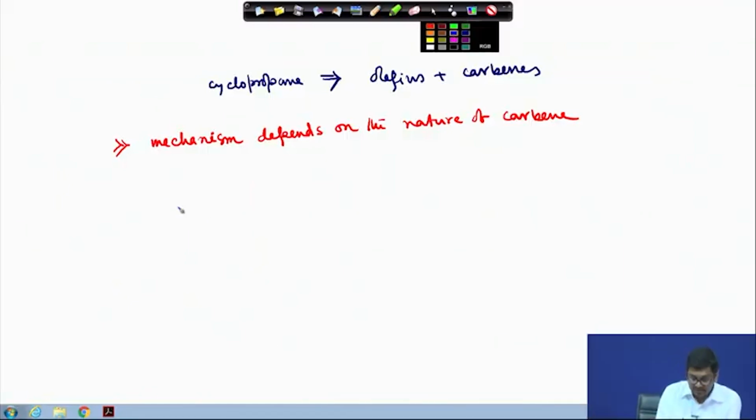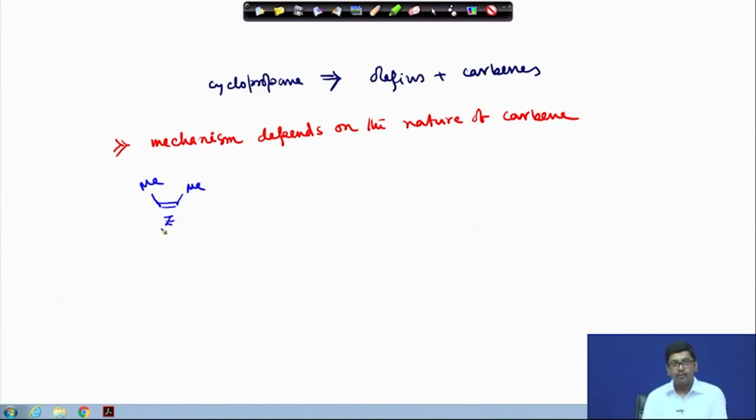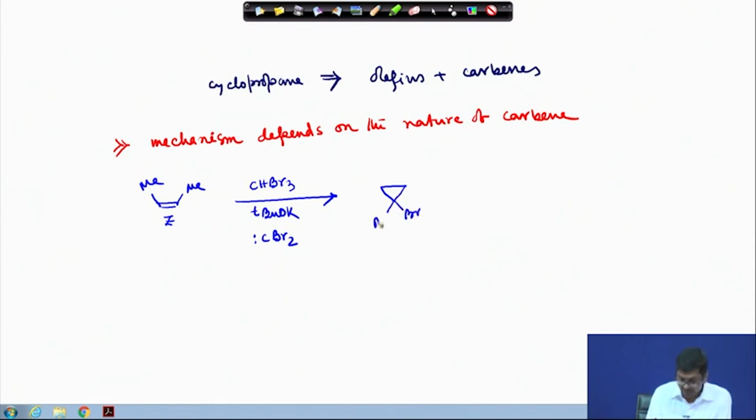Okay. Let us take this Z olefin. Okay. Now, if we react it with bromoform in the presence of base, that generates this carbene, dibromocarbene, that gives this cyclopropane ring.